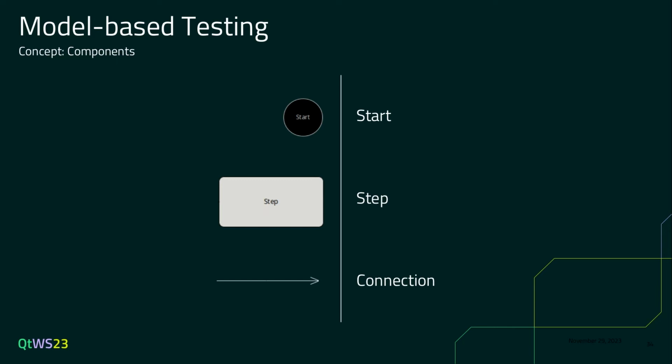The next, it's obvious, it's a step. This is a generalized activity and describes what to do. And in between those steps are the connections, which is a directed graph which shows you the way.